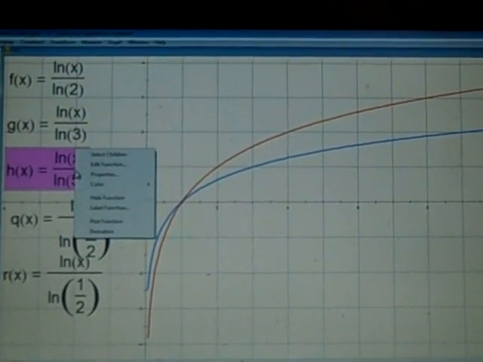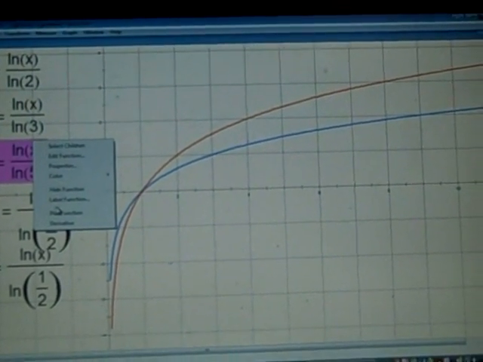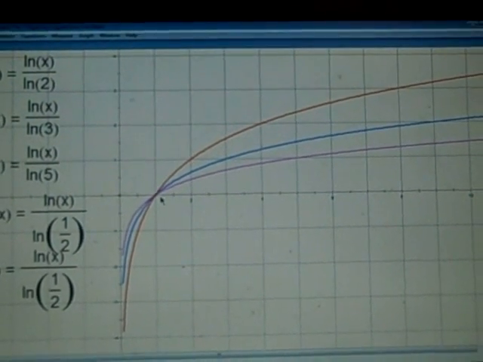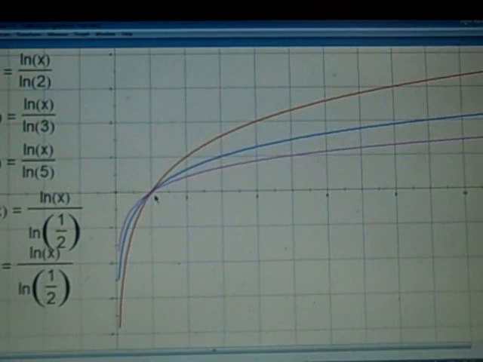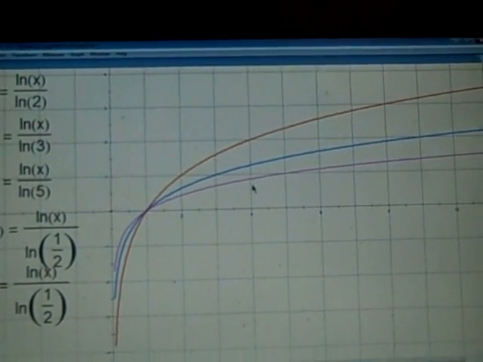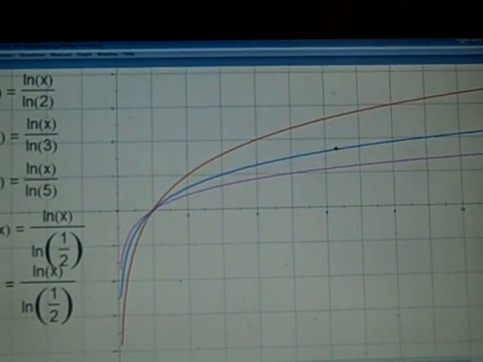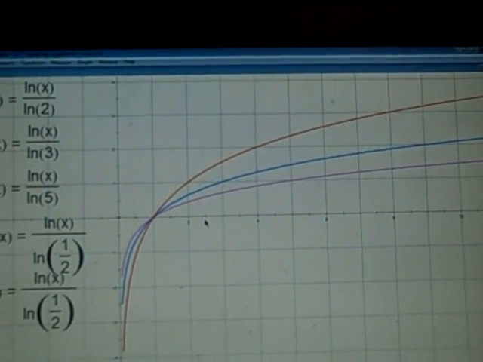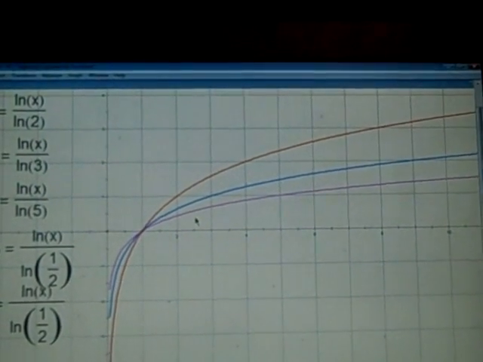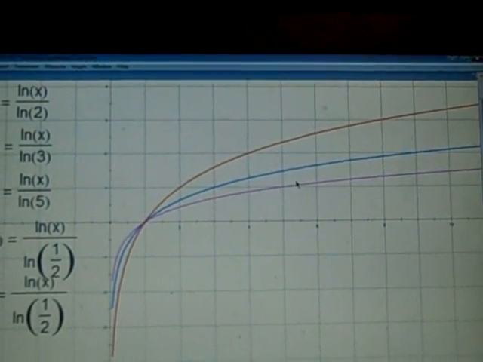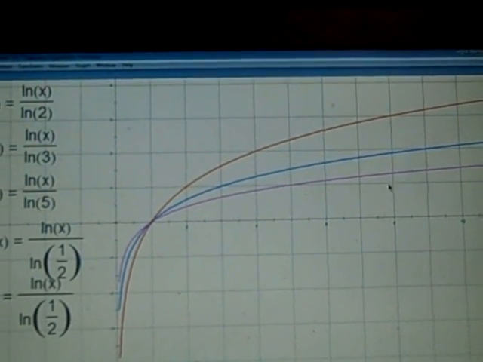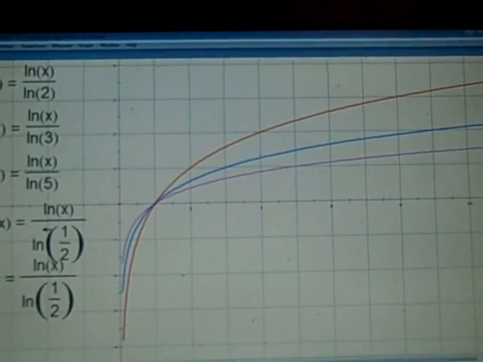Well, let's graph log base 5 of x. As expected, log base 5 of x is the purple graph. It intersects the other ones at (1, 0), but this graph is below the blue graph and the red graph. What we're seeing is that as the base increases, the graph increases slower every single time. So we're getting a graph that sort of plateaus and slowly increases.